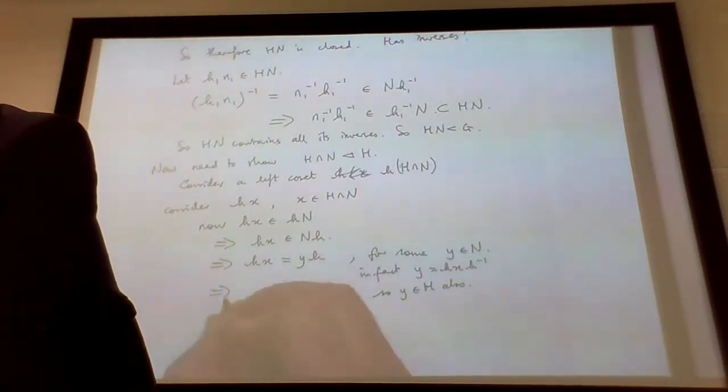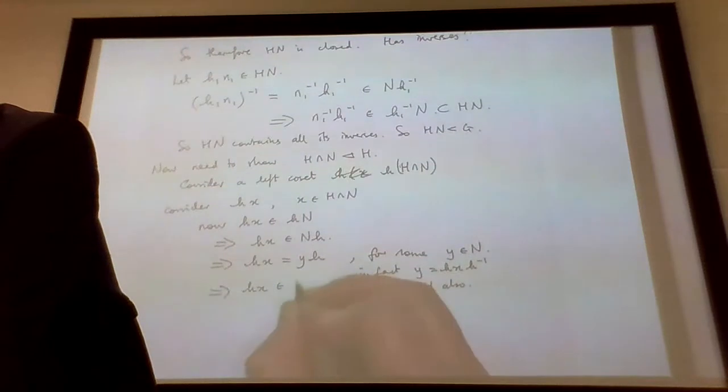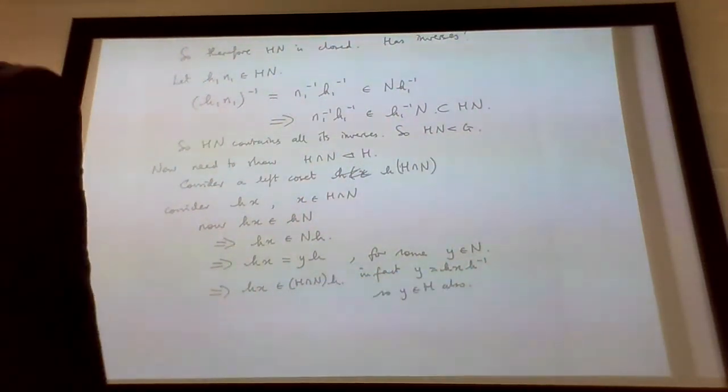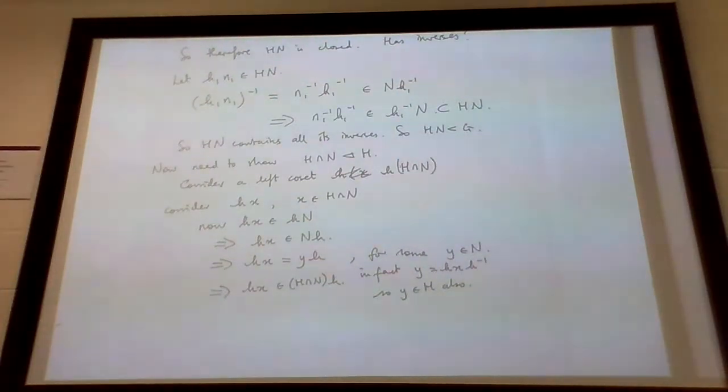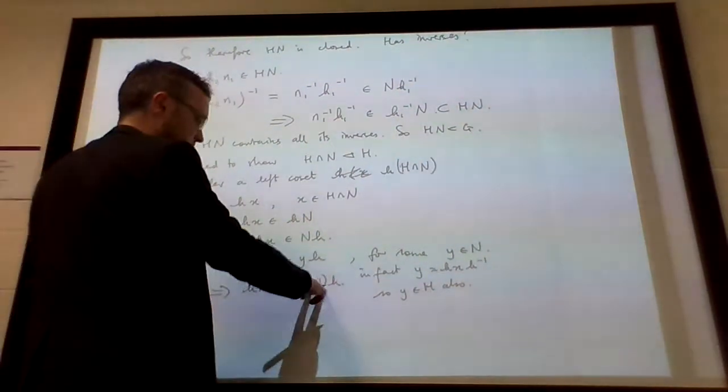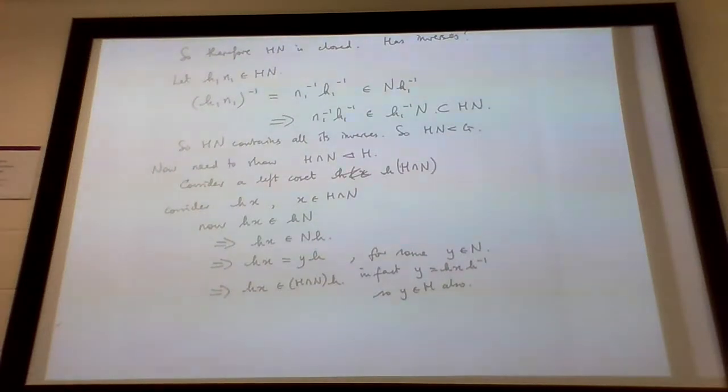So that implies that hx is an element of the right coset of H intersect N by H.